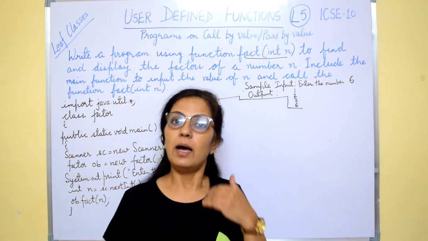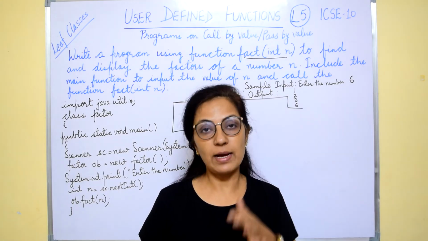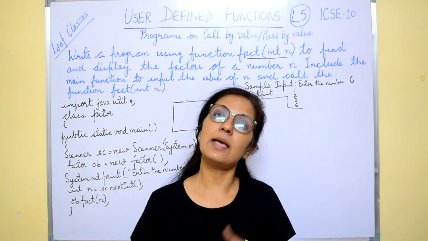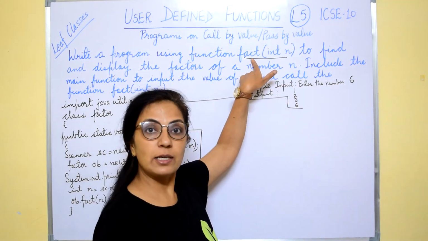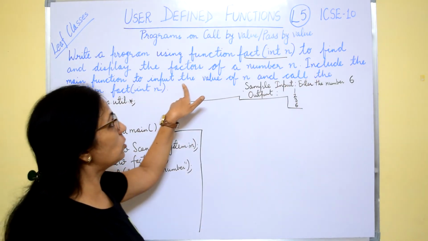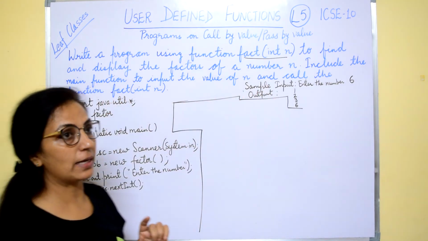That means the output also is displayed in the function body itself. You have to find the factors and display the factors within the body of the function fact. Include the main function to input the value of n and call the function fact.